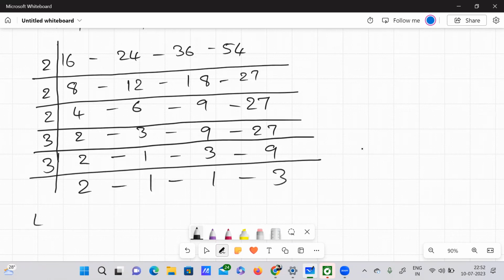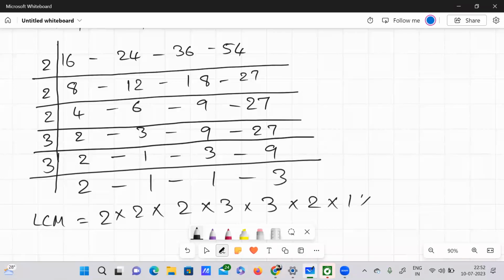So now I want to calculate the LCM for these numbers. So how to do that? You just need to multiply all the numbers: 2 into 2 into 2 into 3 into 3 into 2 into 1 into 1 into 3, right? So if you just multiply all these numbers, did you get that?